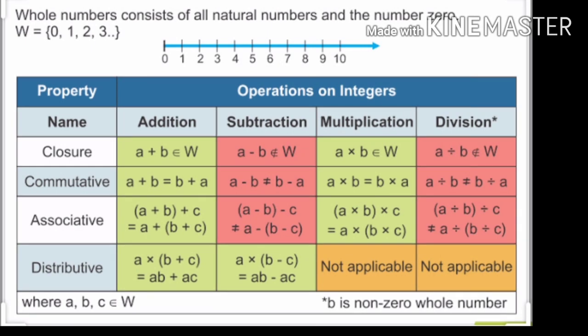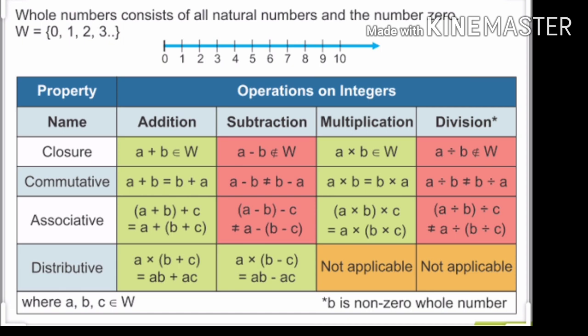Since we have completed all the 4 operations, let's have a quick revision of the properties. Closure property: addition and multiplication follow the closure property, but subtraction and division do not. In division, it is not sure whether we will be getting a whole number or not.